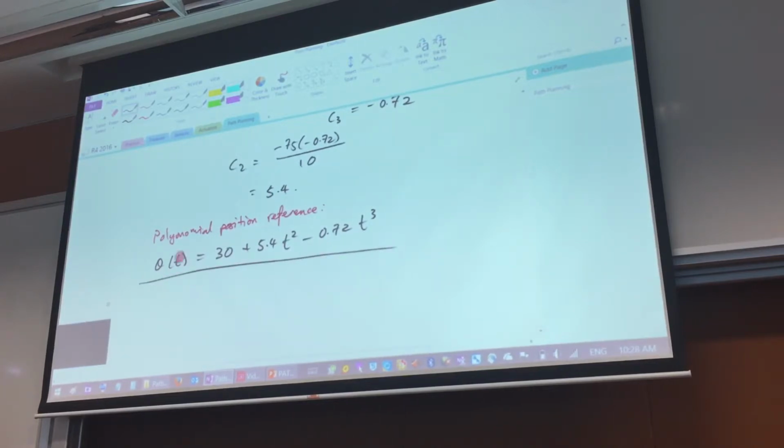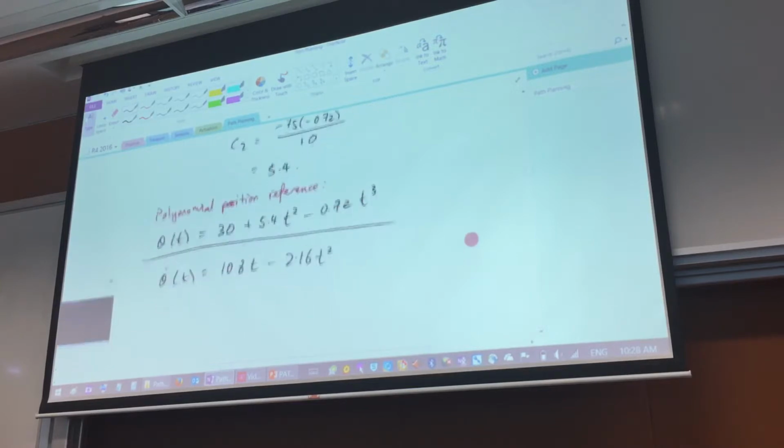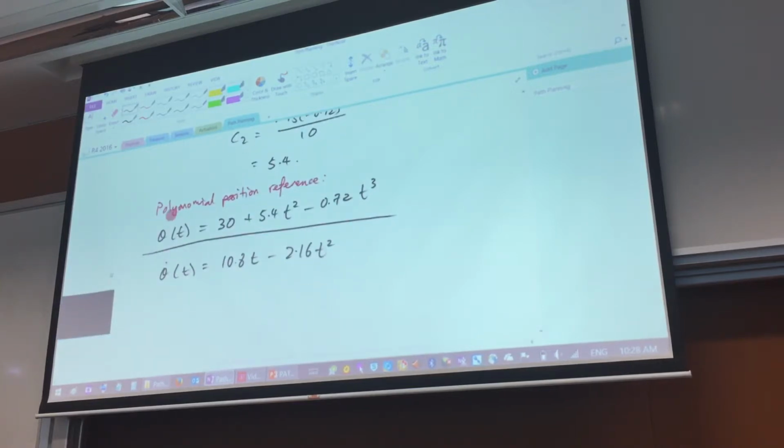If you're asked to find out what's the polynomial velocity reference, then theta dot T equals, just differentiate that, you get 10.8 T minus 2.16 T squared. If you're asked to find the polynomial acceleration reference, then that's theta double dot T equals 10.8 minus 4.32 T. Just differentiate that.